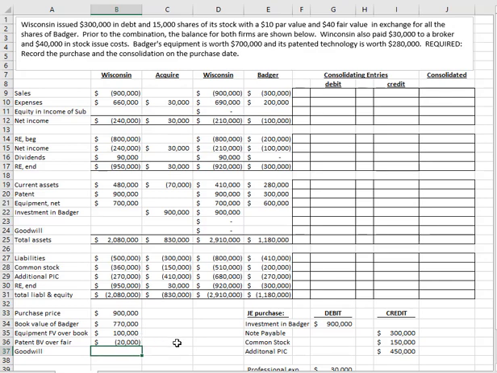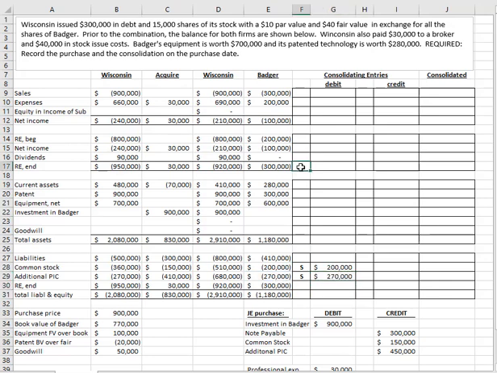And then goodwill would be the difference. So we take the $900,000 and subtract out these items, and we have goodwill of $50,000. So we are going to book these adjustments in our consolidating entries. The first one is the S entry, which is to remove the book value of the subsidiary. So let's do that. So there's the book value.